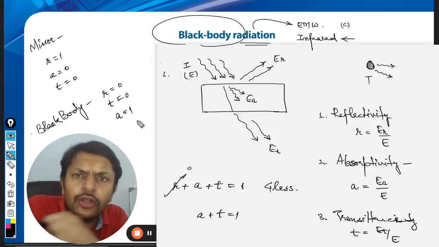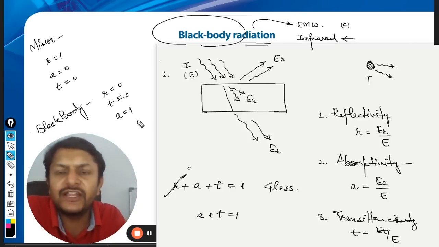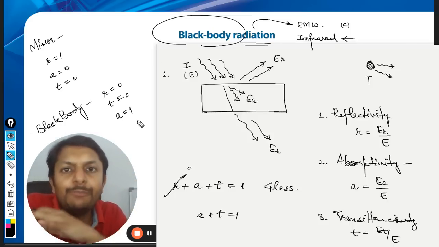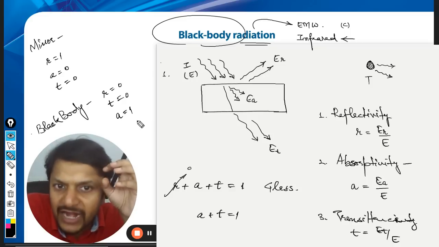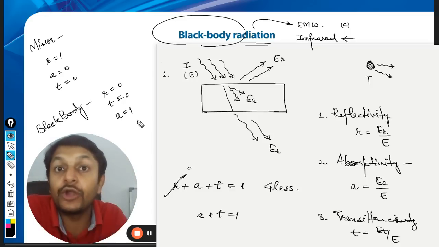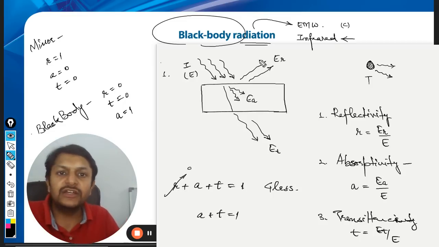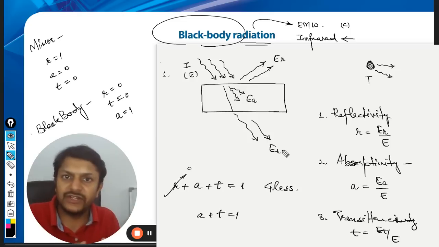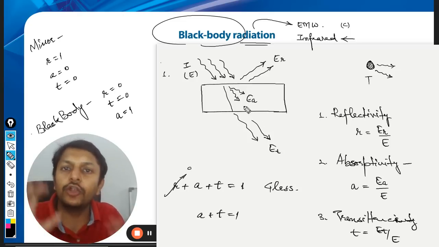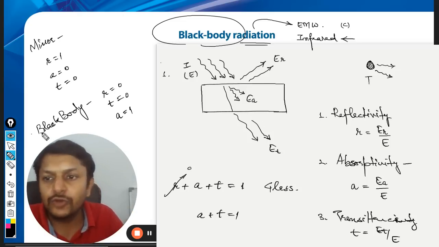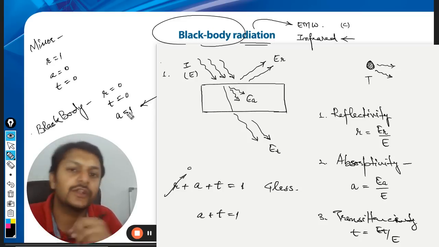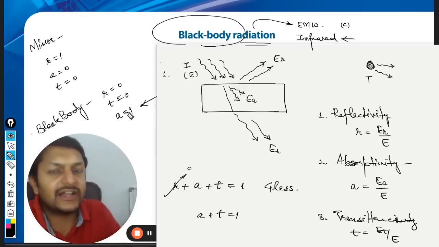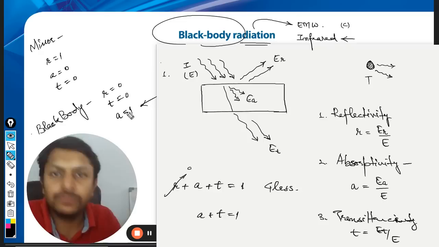It means that whatever wavelength, frequency, or part of the spectrum the energy belongs to, if it falls on that body, the body absorbs it. Neither reflectivity nor transmissivity is there, only absorptivity. All of the energy is absorbed. That is called a black body, or a perfectly black body.